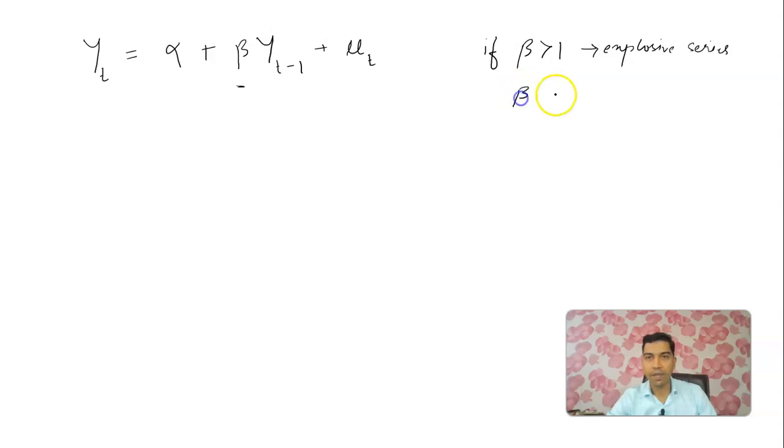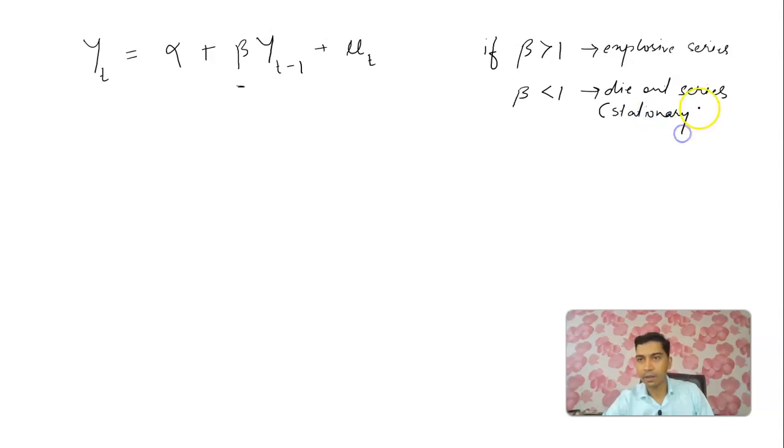If beta is less than 1, the relationship dies out over a period of time, so you call it a die-out series, and this type of series is stationary in nature. Another possibility is that beta is equal to 1.